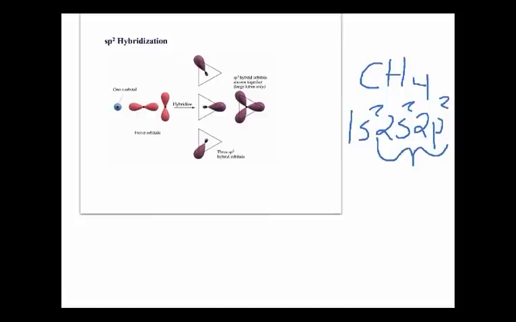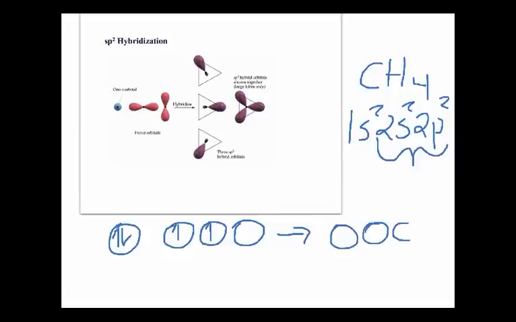In terms of the orbitals, you start out with the 2s2, and then you have the p orbitals like this. You go from that to four orbitals, each having a single electron. Because it's a combination of one s and three p's, this one is called sp3.